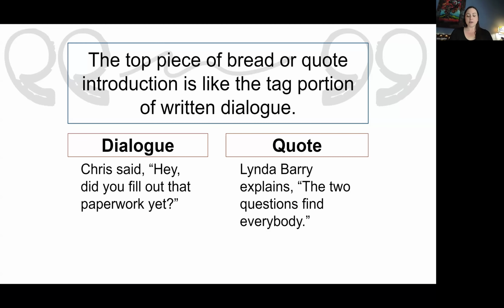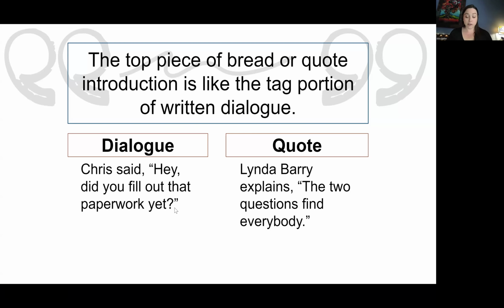If you know anything about dialogue, it's basically exactly like that. You have a name, said, comma, and then whatever the person said. Same thing with quotation: Linda Berry explains, comma, and then our quote.